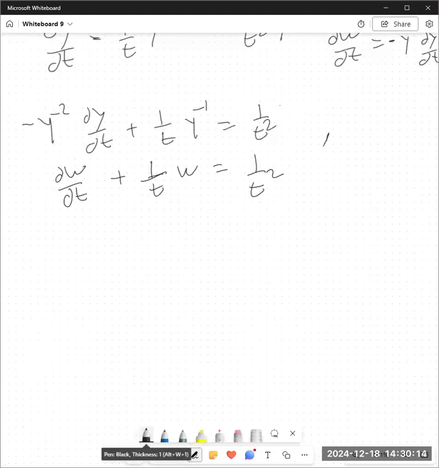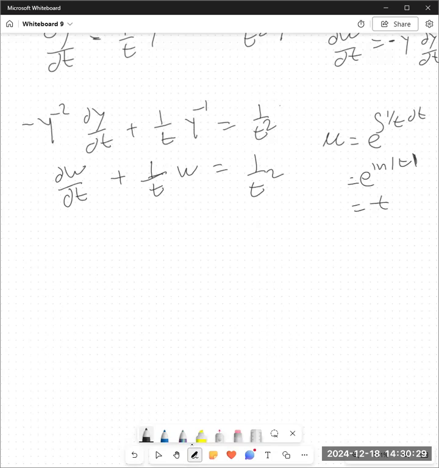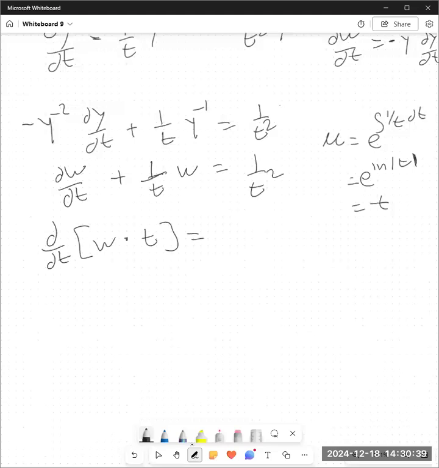Mu is equal to e to the integral of 1 over t dt. So this is going to be e to the ln of t, which is equal to t, for my integrating factor. So d/dt of w times t is equal to t times 1 over t squared.